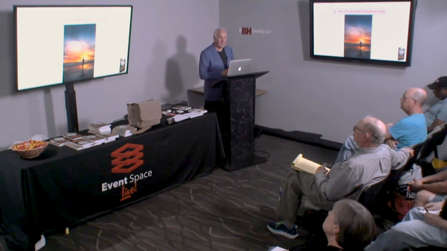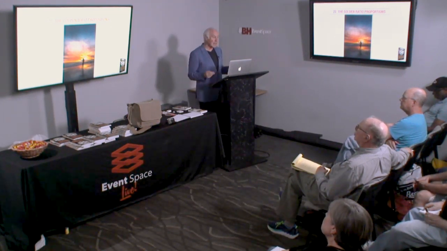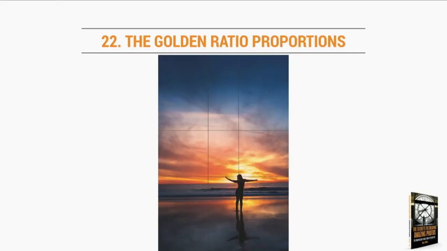If you process, by the way, with Photoshop or Lightroom, they have these grid lines built into it. In fact, you can change the grids in your cropping tool. You've got thirds, you've got the golden proportions, and they have 4 or 5 other ones that you can use when you're cropping your images to get things kind of lined up the way you want.